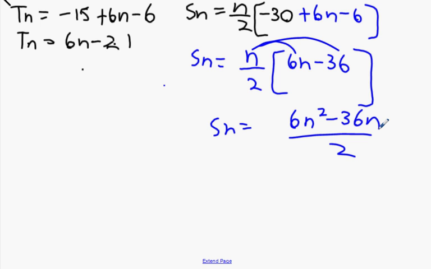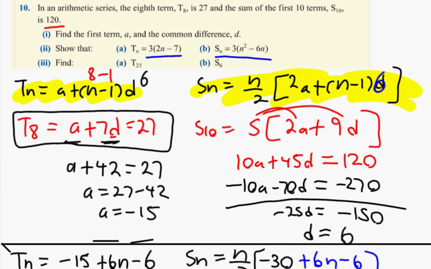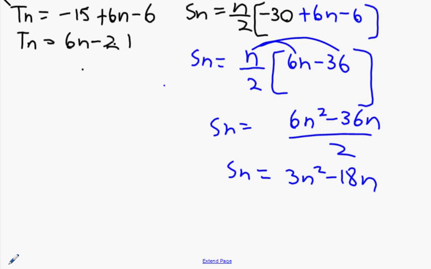Now, what happens when you divide 6 and 36 by 2? 3n squared minus 18n. That still is not the answer they gave me up here. So what do I do to turn it into that answer? Is it fully factorized? No. What can I take out? 3.